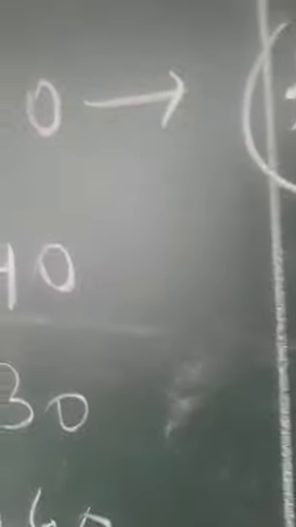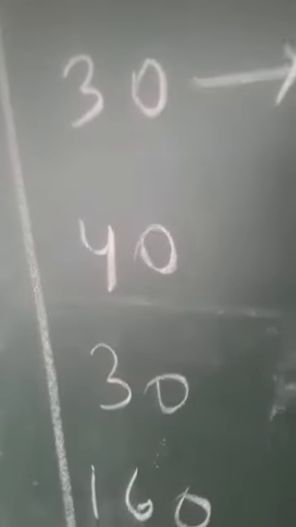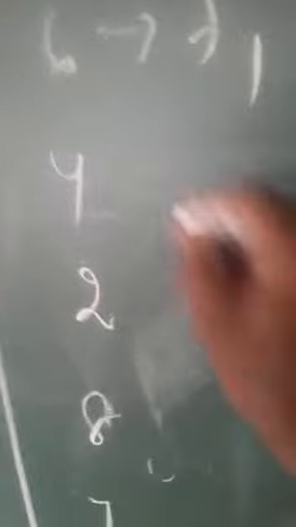Similarly, we find the corresponding products f2 x2, f3 x3 and so on. When 10 is multiplied by 4, it gives us 40. It is f2 x2. In the same way, we can obtain all the other products, and at last we get the total sum.